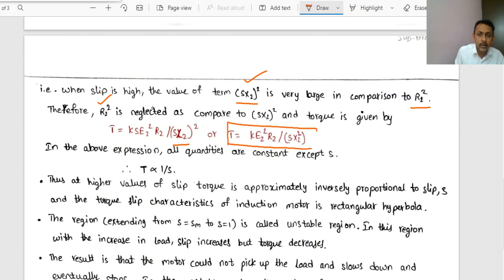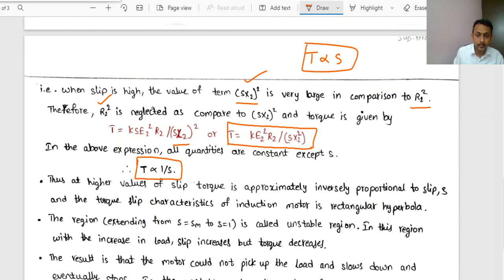In this equation, all the terms are constant except slip, so torque is inversely proportional to slip. Previously, during low slip, torque was directly proportional to slip. But now, if the value of slip is made high, close to 1, torque becomes inversely proportional to the slip.